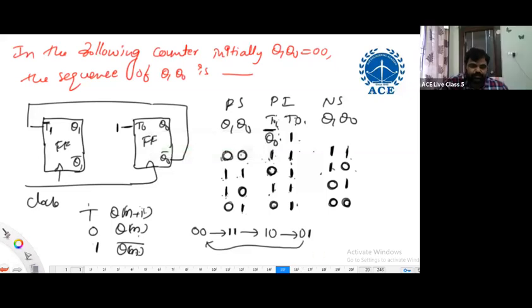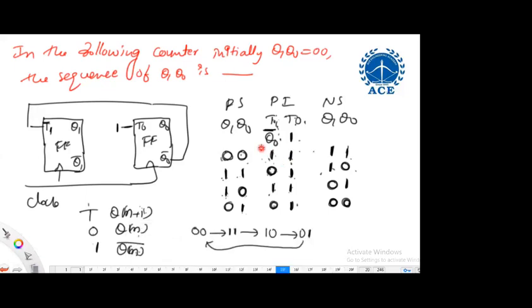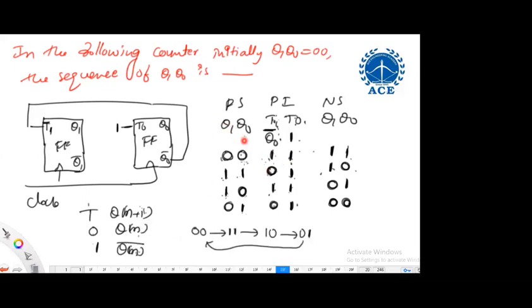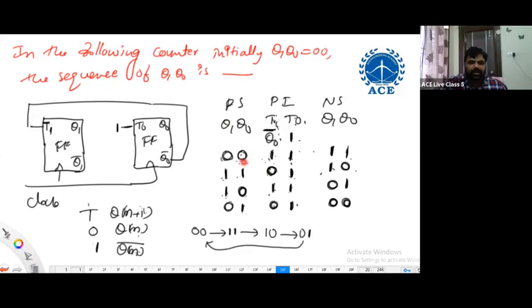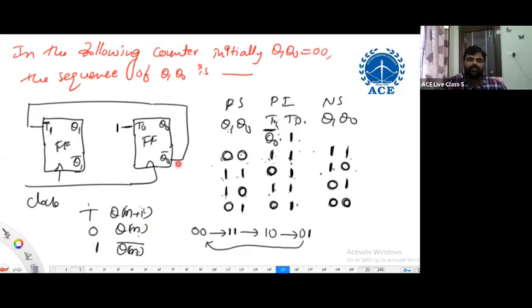Tell me. Sir, is there any shortcut to find the sequence? Otherwise, we have to follow this procedure only. You have to follow this procedure only. No more shortcuts. Shortcuts come only with experience. If I give my shortcut and you remember only the shortcut, then you may make a mistake.